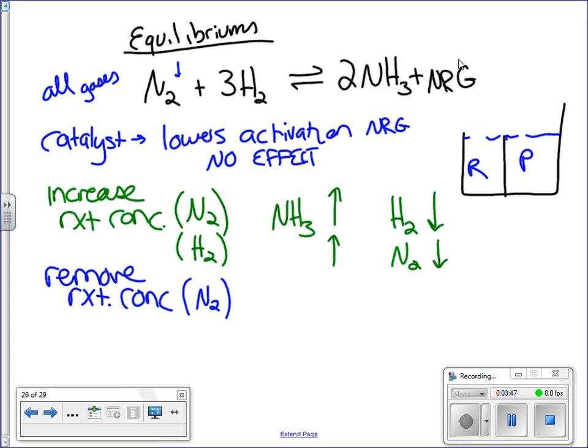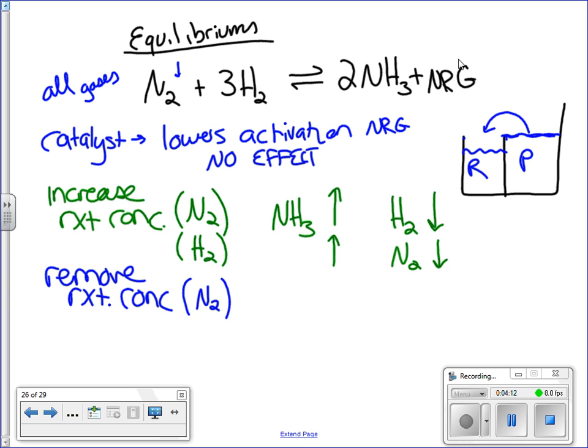My reactants and products were nice and balanced, but now I'm going to lower the reactants. So I have more on the product side than I do on my reactant side. If I remove some reactants, it's going to shift back towards the reactants to reach a new equilibrium. That's the only way I can shift these two things to reach a new equilibrium.